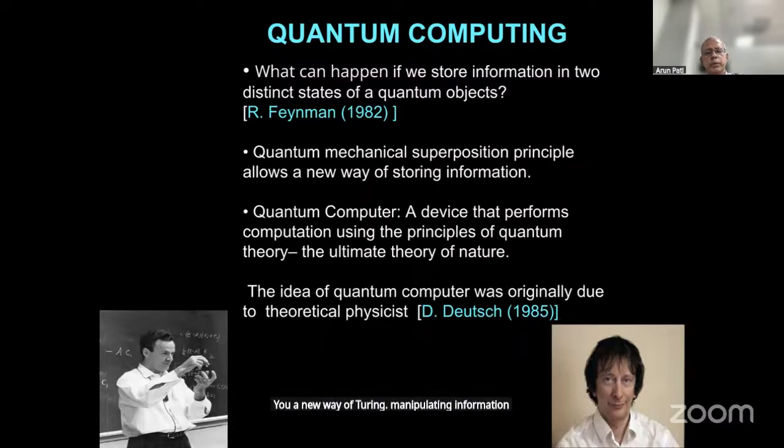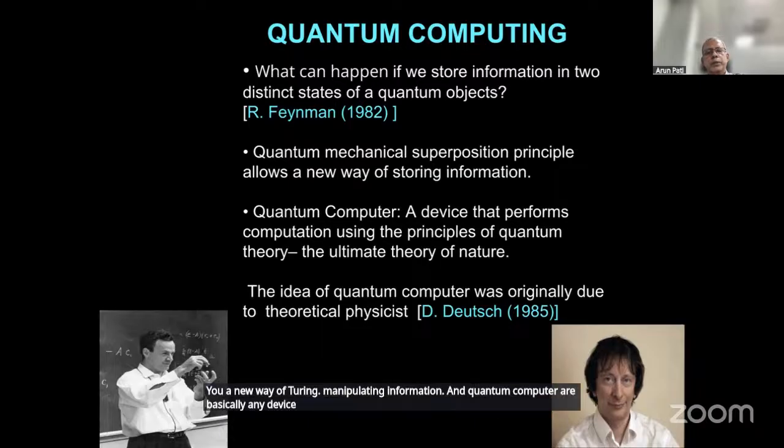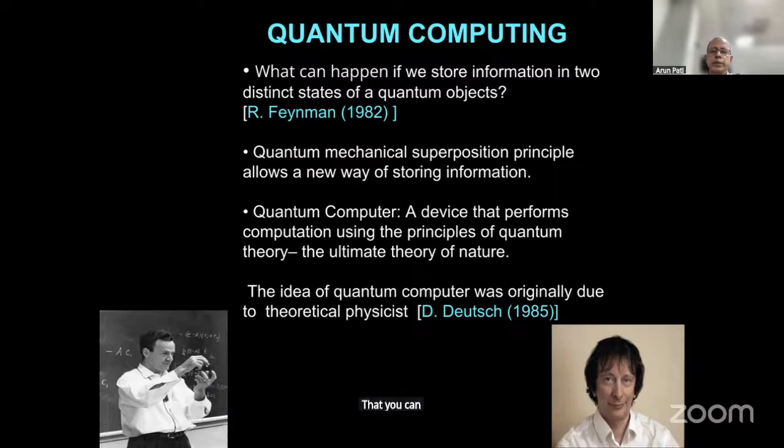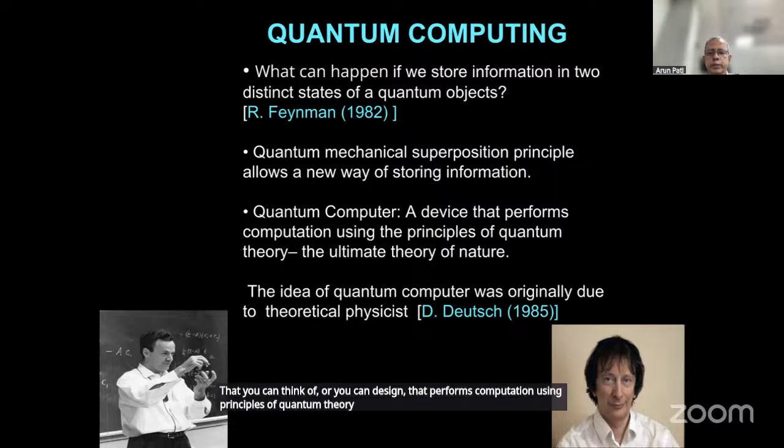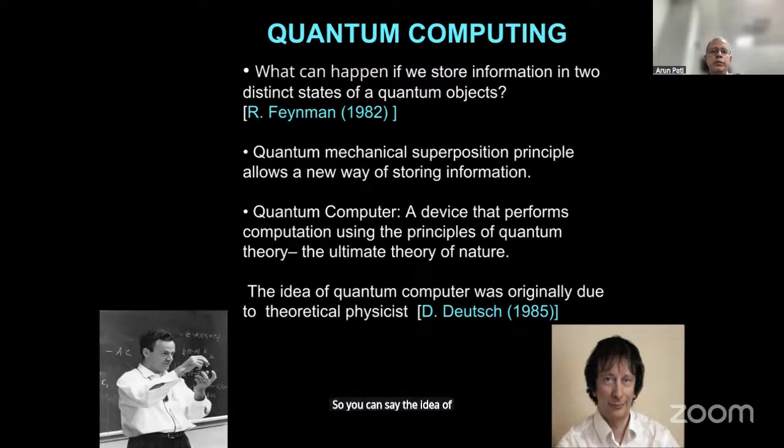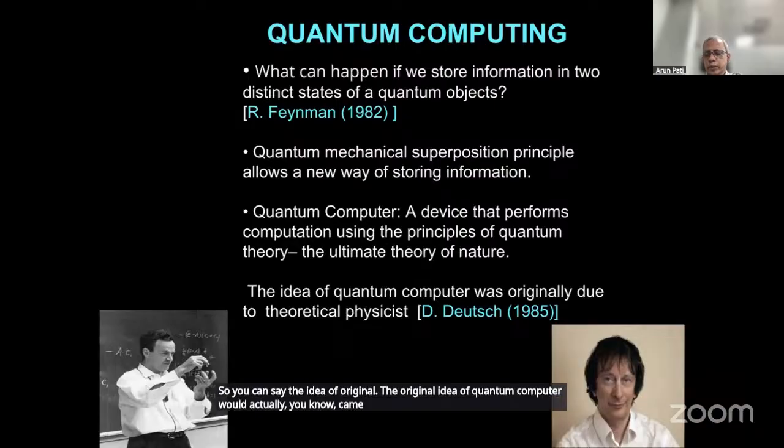And quantum computers are basically any device that you can think of or design that performs computation using principles of quantum theory, the ultimate theory of nature. So you can say the original idea of quantum computer actually came due to David Deutsch in 1985.